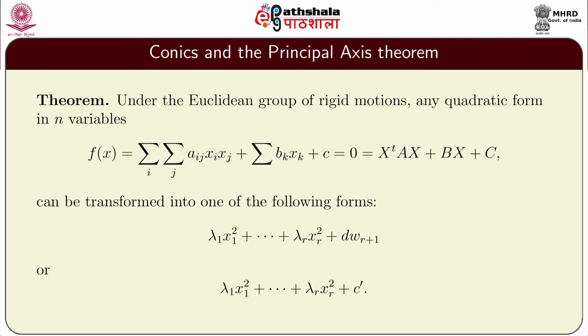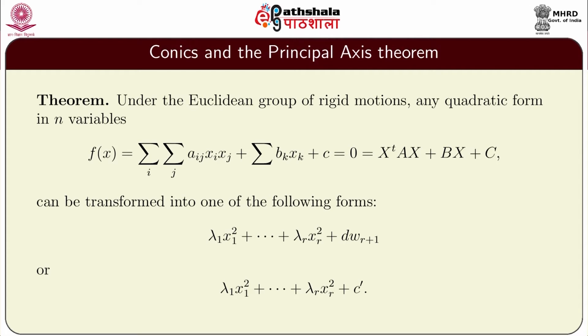So, we begin with f(x), which is a degree 2 polynomial. There is the degree 2 part, the double summation aij xi xj, then the linear part, summation bk xk, and then the constant part c, and with a new set of variables defined suitably, we can put it into this simpler form.